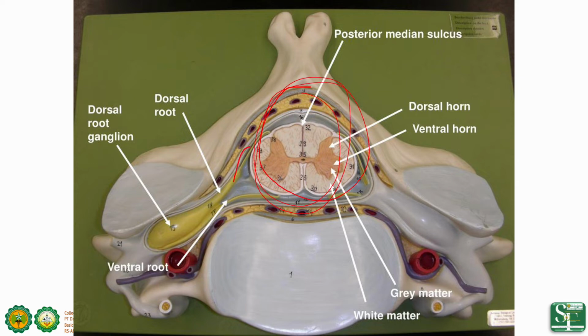Okay? When these two meet, this is the posterior spinal nerve root. This is the anterior spinal nerve root or the ventral spinal nerve root. When they meet together, this whole thing is already your spinal nerve roots. Okay? Nerve roots is what we call that.